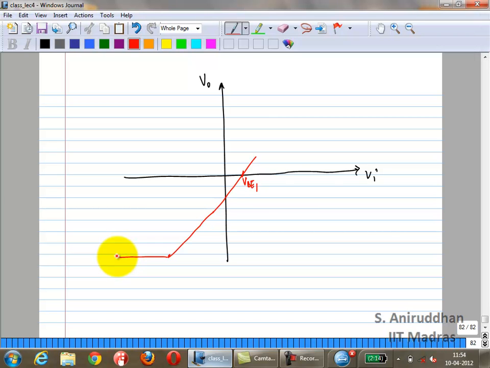VO does not, even if you can decrease Vi below minus VEE plus VSAT 2, V out will remain constant. What happens here? Correct. And what goes in 0 is VI equal to VO equal to 0.